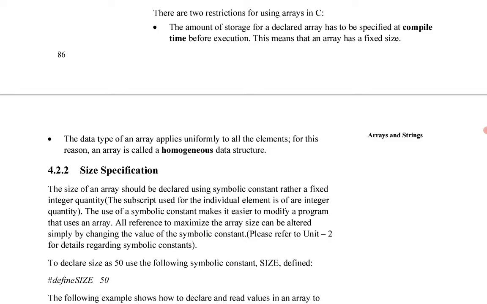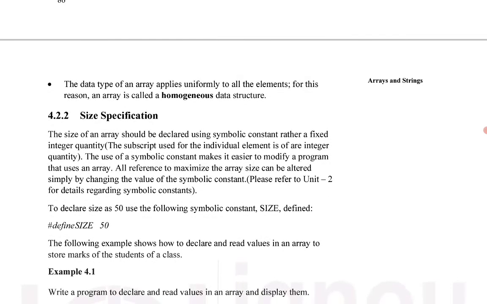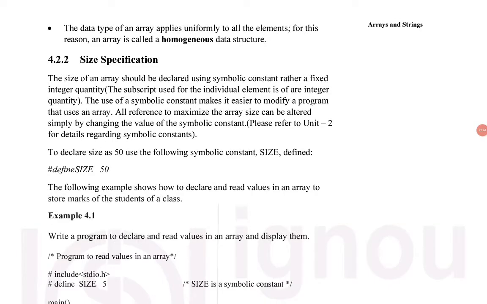This means that an array has a fixed size. Arrays are fixed-size memory, and the data type of an array applies uniformly to all the elements. It is called homogeneous, meaning having the same or similar properties.